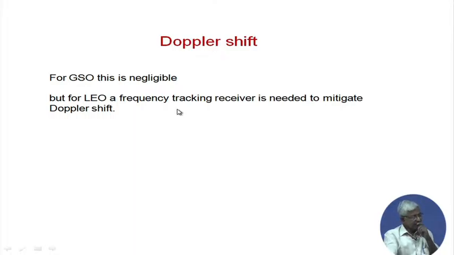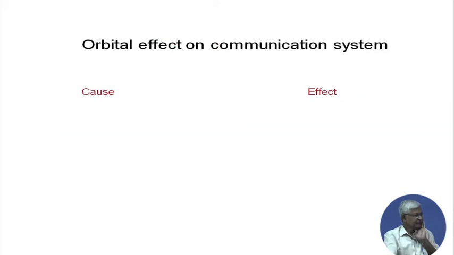So, very briefly speaking, we have seen the different orbital effects on the communication system, which can be listed like this, that is the range variation, which will affect the time.